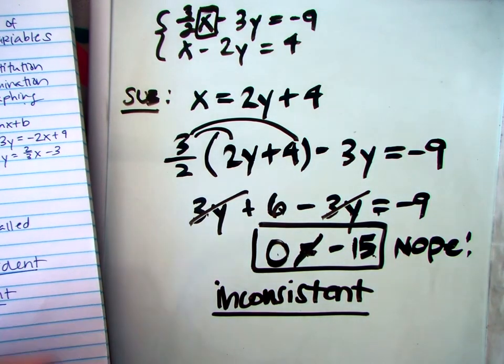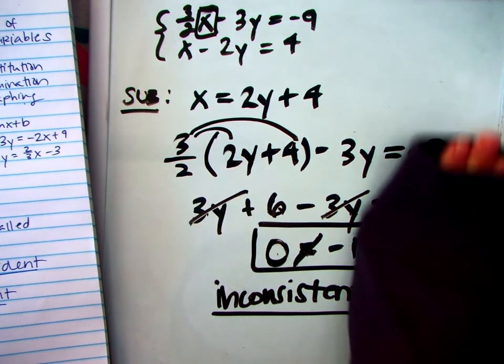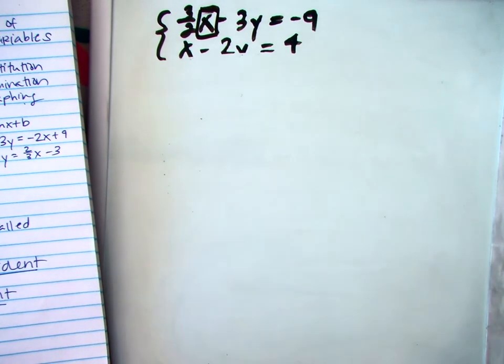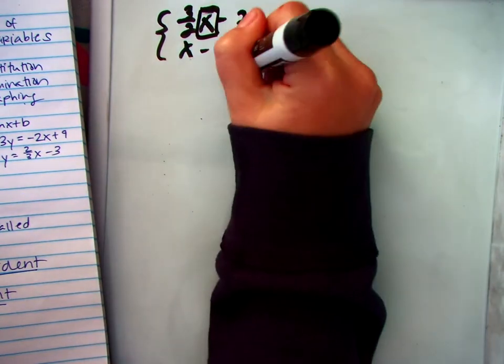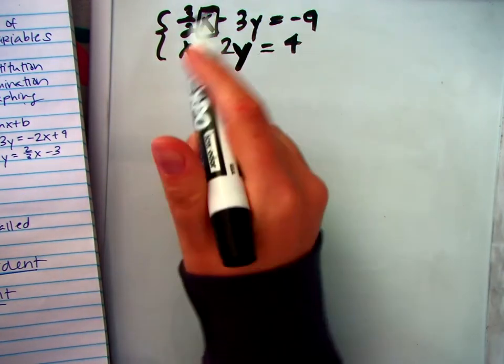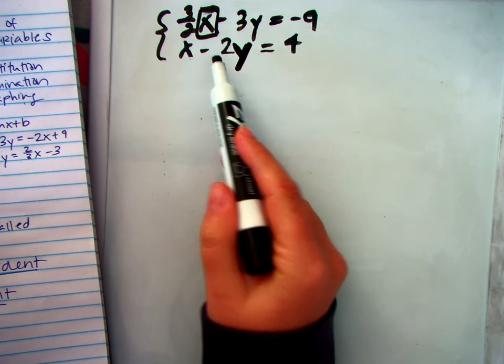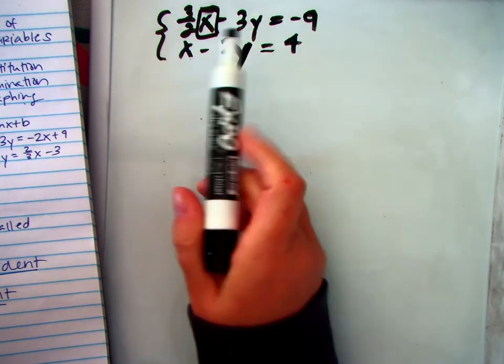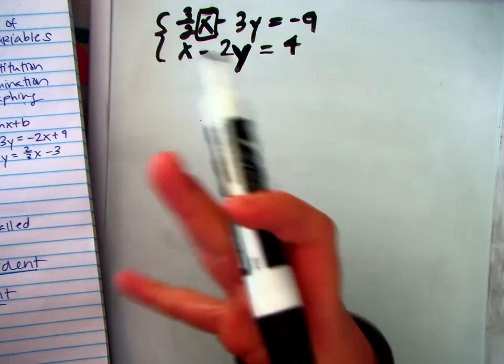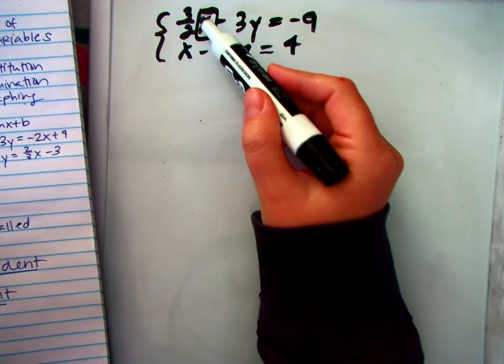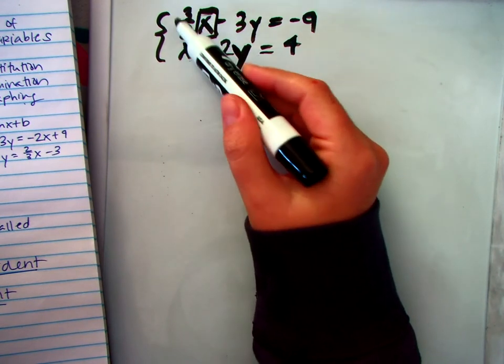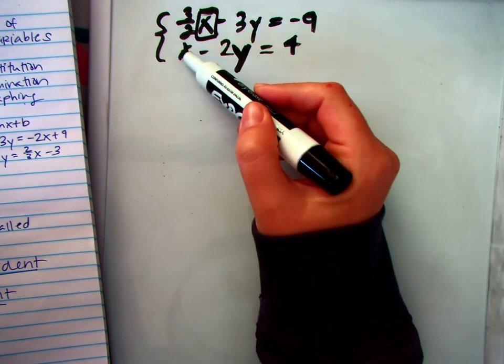So maybe you're asking, well, what if we did a different way of solving? Like, Ms. Schaefer, I really like elimination. So what if we tried elimination? Let's try that here. If I wanted to eliminate one of the variables from the system, my preference, again, is to find variables that have opposite signs.